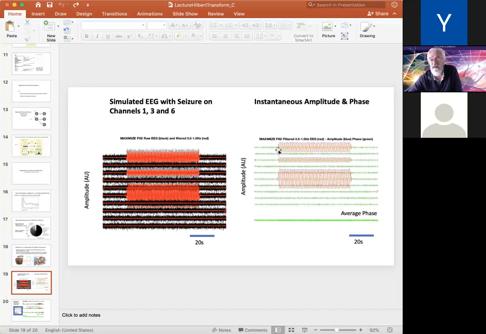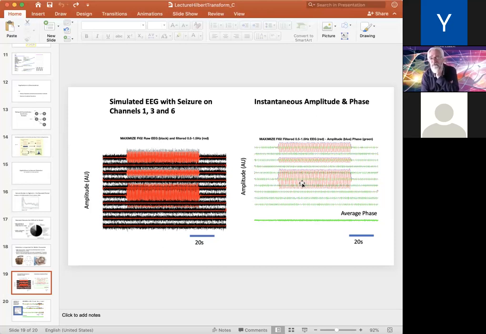And then for each of the channels, we also had the instantaneous phase. Now, what we were thinking, and we can already see that this is not going to work very well, is that we might also use the instantaneous phase to see if there was synchrony across the channels.